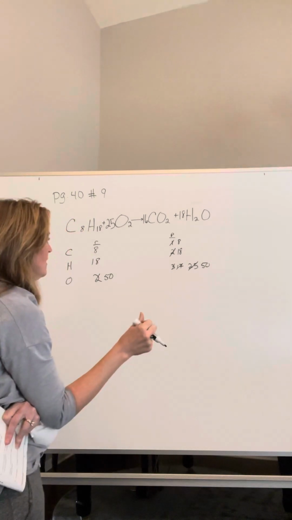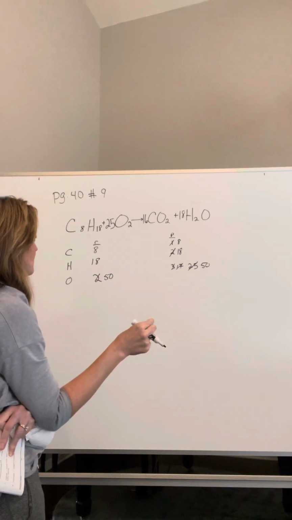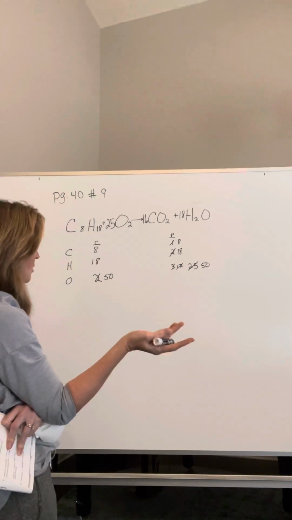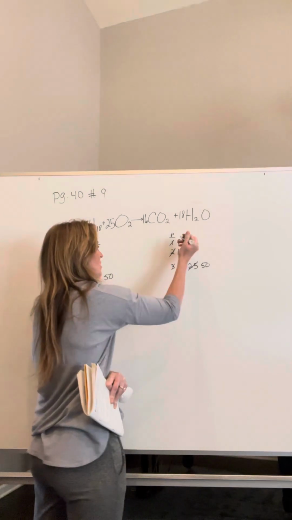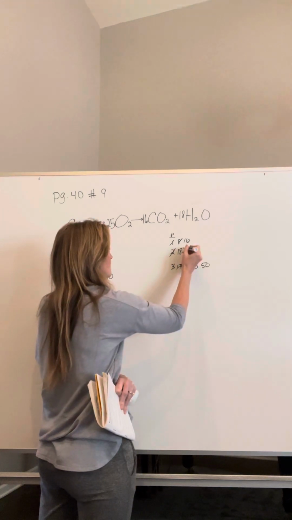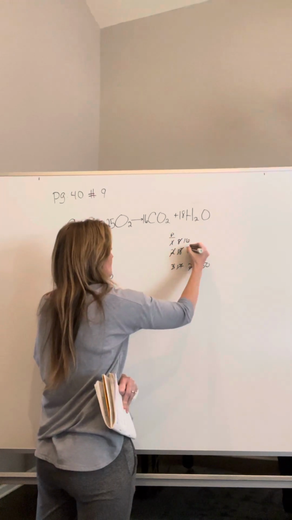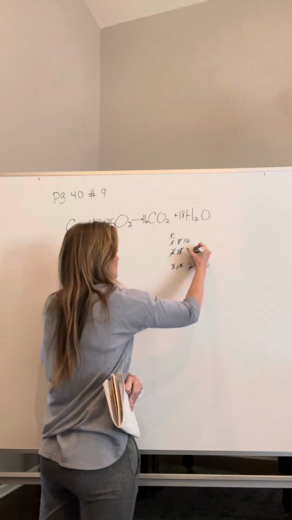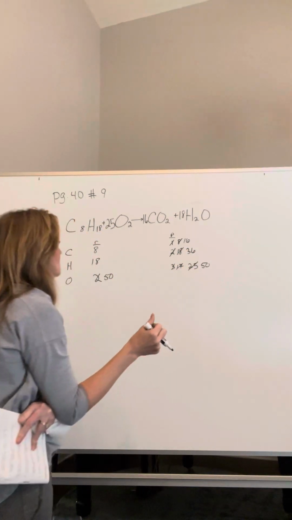But then that also affected my hydrogens and my carbons. Okay, so now I've got 16 carbons. And how many hydrogens do I have? 18 times 2 is 36.